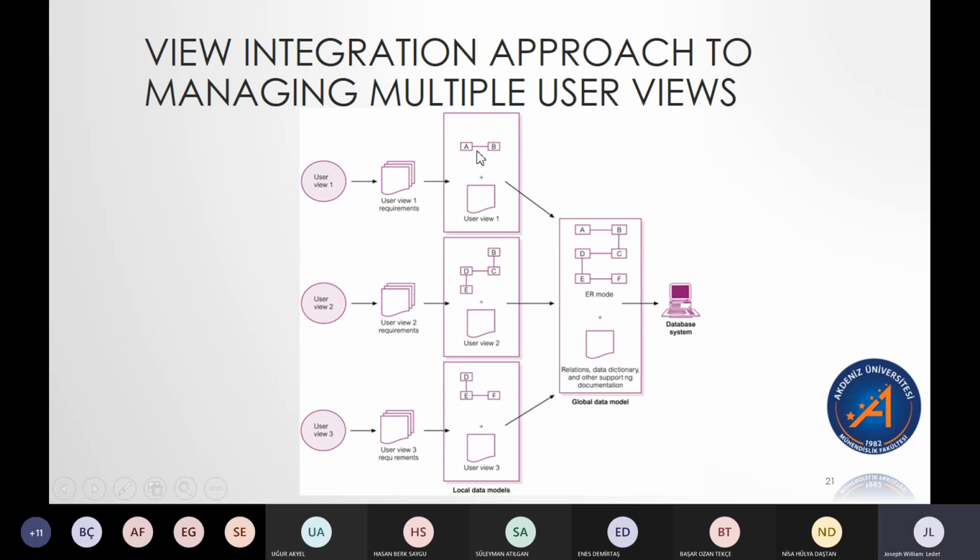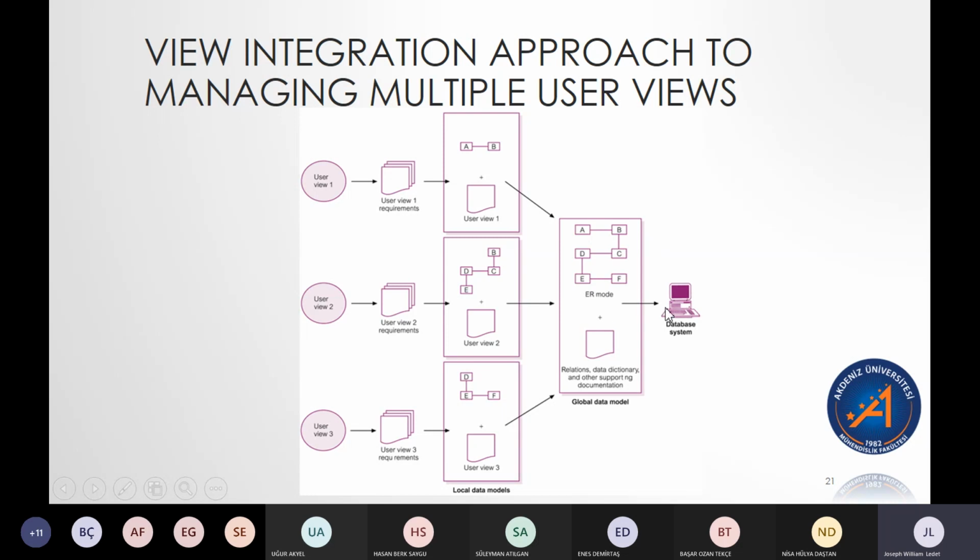Okay. Now notice that none of these 3 results in an actual database itself, right? We're not actually implementing this. We were just designing this as if it was necessary. And then we take our 3 designs and merge them into one overall ER model and documentation, and that results in our database system.